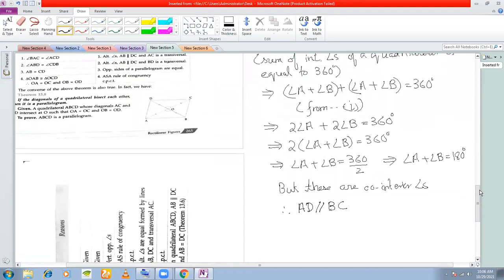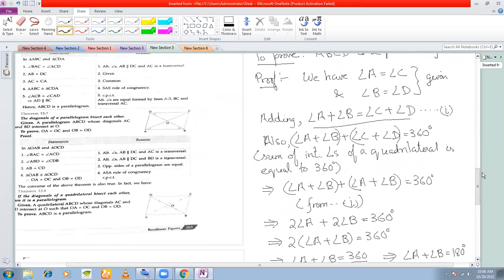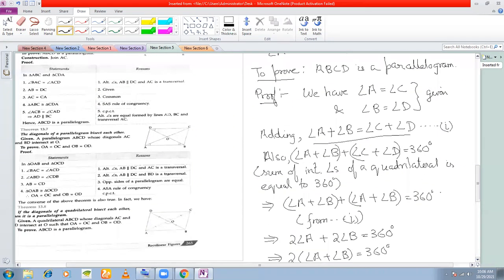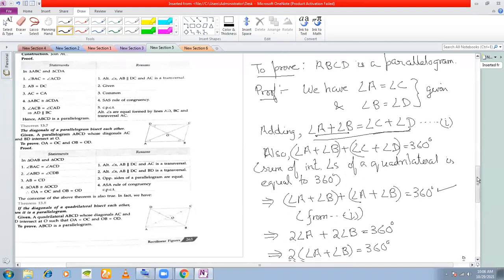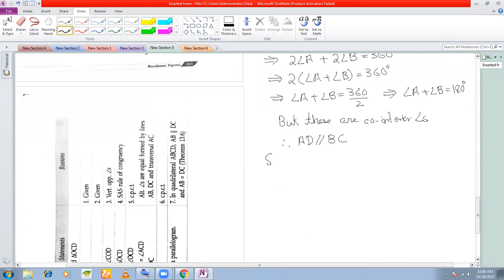Okay. So once you have shown AD parallel to BC, now see, in this relation, if instead of replacing angle C plus angle D, I replace angle A plus angle B by angle C plus angle D, then I can show angle C plus angle D is equal to 180 degrees, right? So similarly, angle C plus angle D is equal to 180 degrees.